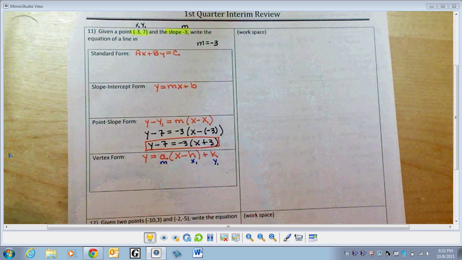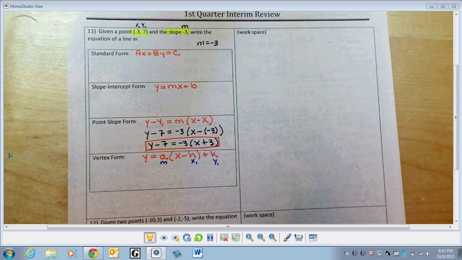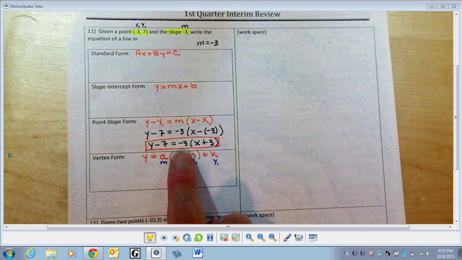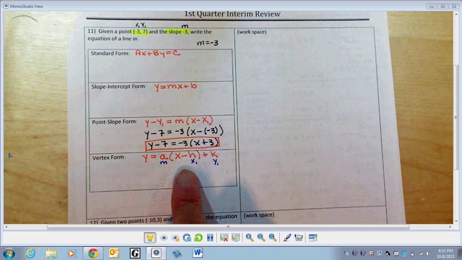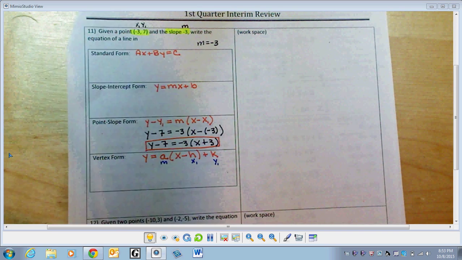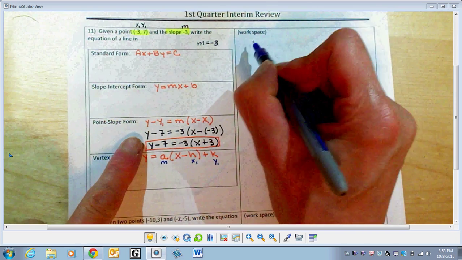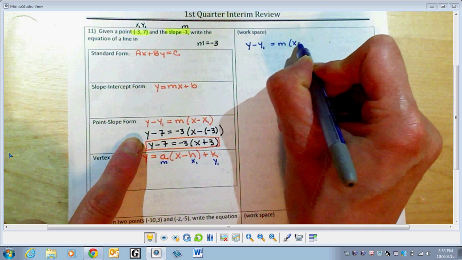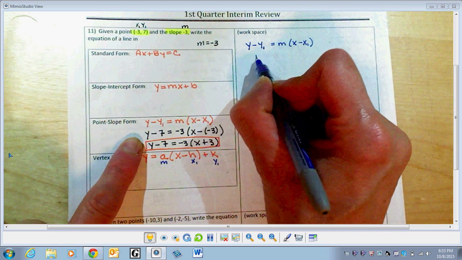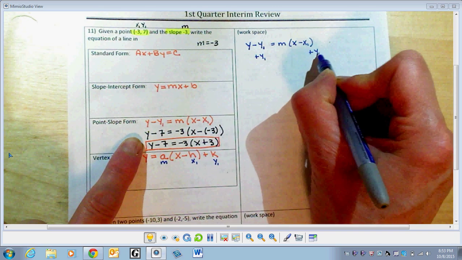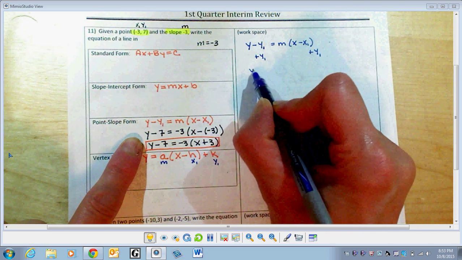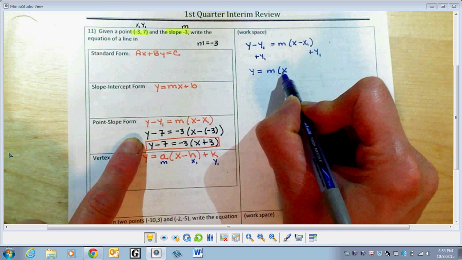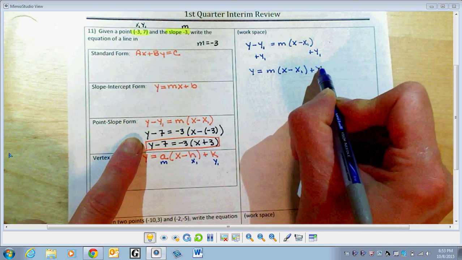Okay, so let's see what would be the easiest thing to do next. Well, I think the easiest thing to do next would be to get my point-slope form into my vertex form, because when we look at this, let's just review. If I have y minus y1 is equal to m times x minus x1, if I add y1 to both sides of my equals, that gives me y is equal to m times x minus x1, plus y1.